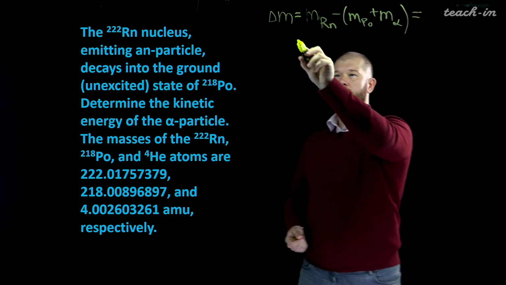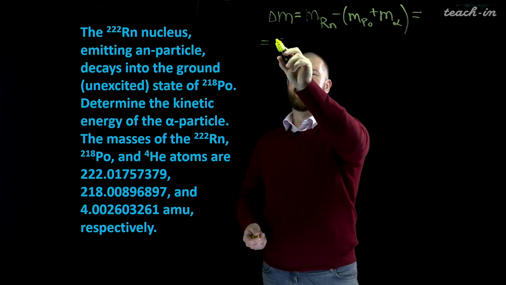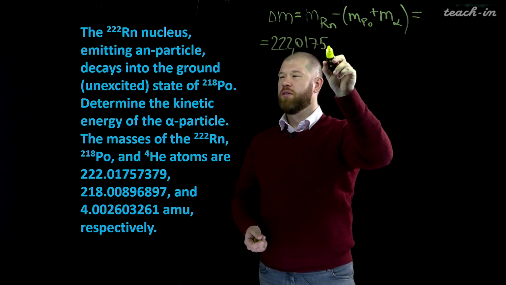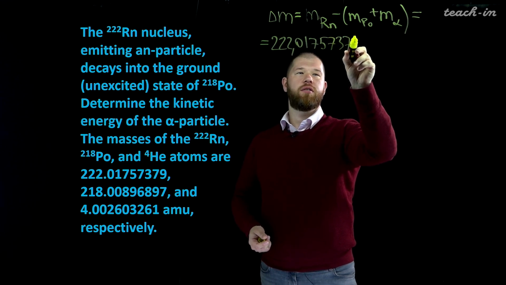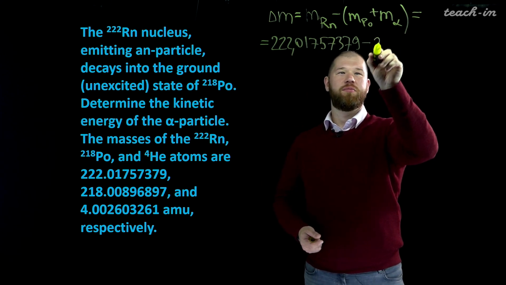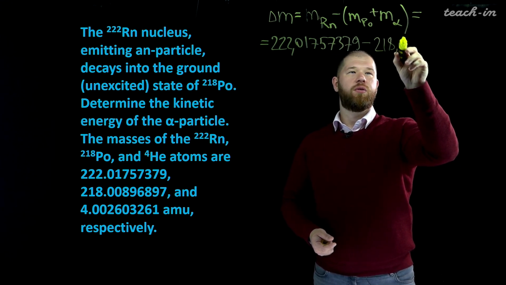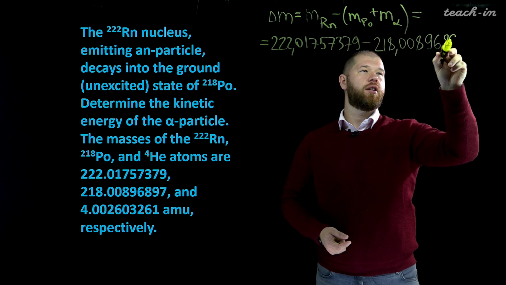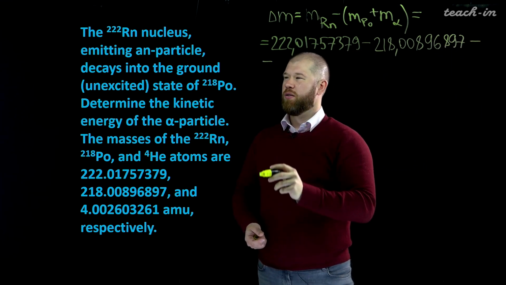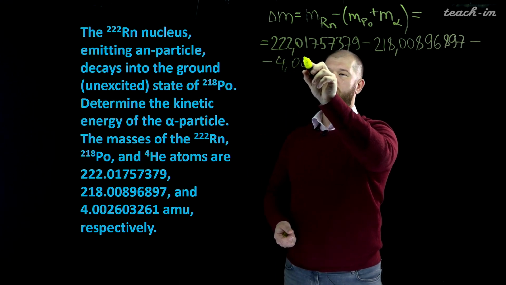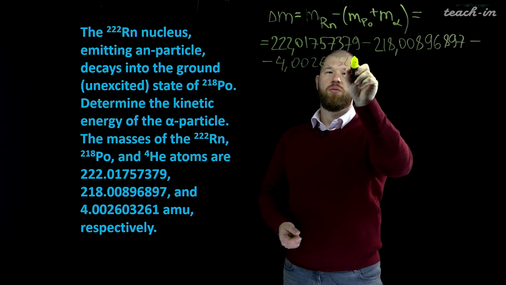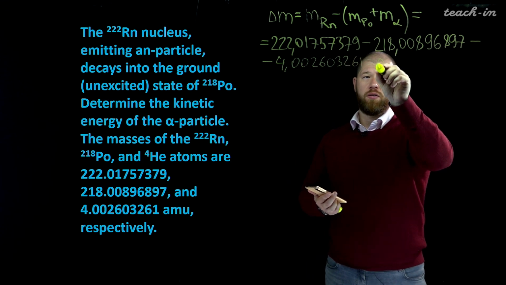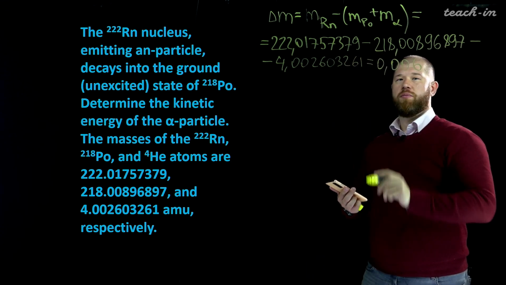Thus, it will be a very long expression, because this number is quite long. 222.0177379 minus mass of polonium, 218.008973, and minus mass of helium-4, 4.002603, and it will give us, I don't need the very long numbers, so I will put it like this.